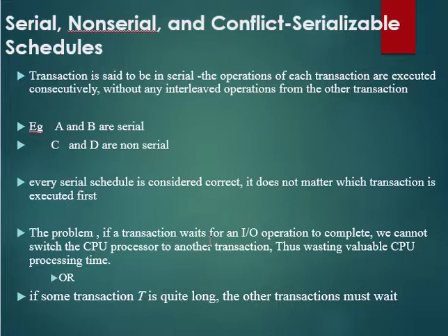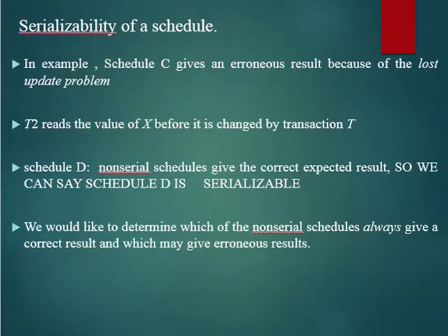Suppose there are no input output operations, but transaction T1 contains 100 operations. It started execution, and in the meanwhile T2 arrived, containing only 2 operations, but it has to wait for the first transaction's 100 operations to be completed. So those are the problems when we execute transactions in a serial manner.